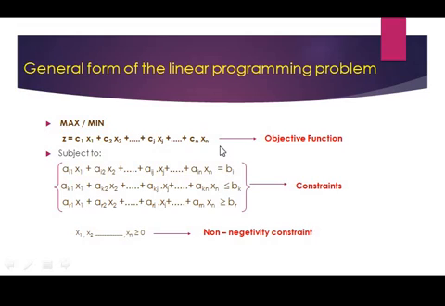This linear function has to be either maximized or minimized based on the type of the problem. What do we mean by based on the type of the problem? So if the variables that I have considered are representing profit, what do we plan about a profit? Profit has to be maximized. So under such problems, we consider maximization.